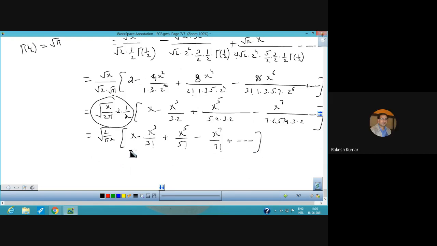So if you remember, this expansion is used for sin x. So 2 over pi x into sin x. This is the formula we are going to make.